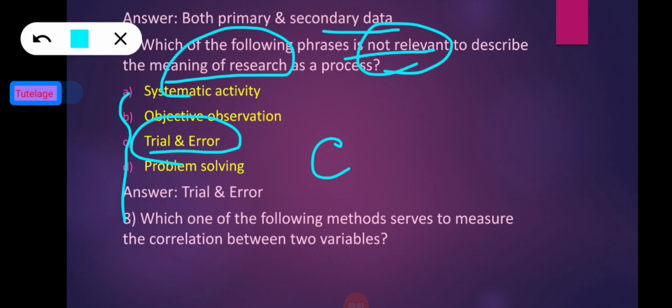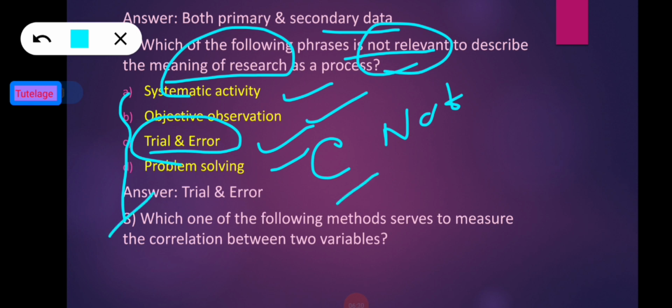This is the most important word in this question: not relevant. Obviously we all know that the meaning of research is systematic activity, objective observations, and problem solving. So all phrases are related with the meaning of research, but trial and error process is not relevant to describe the meaning of research. So that's why option number C is the correct answer.